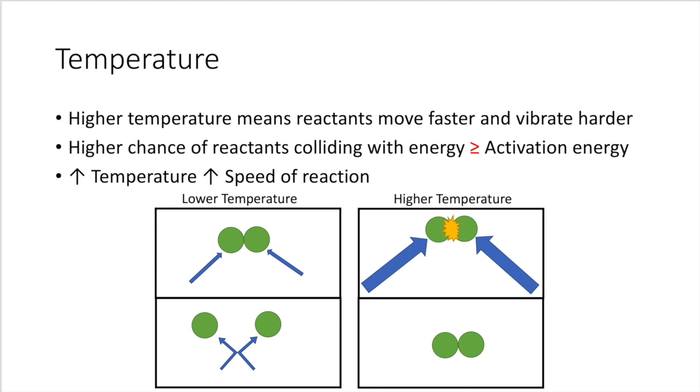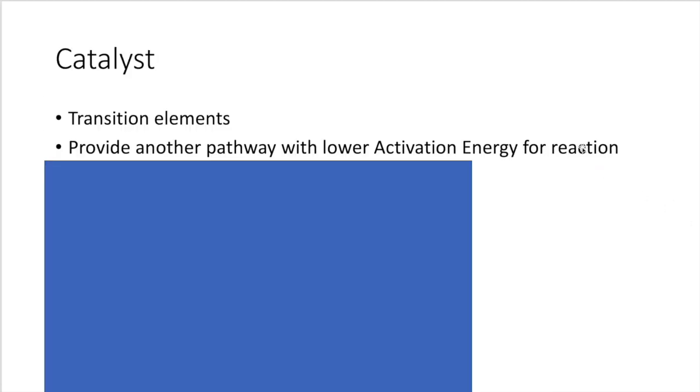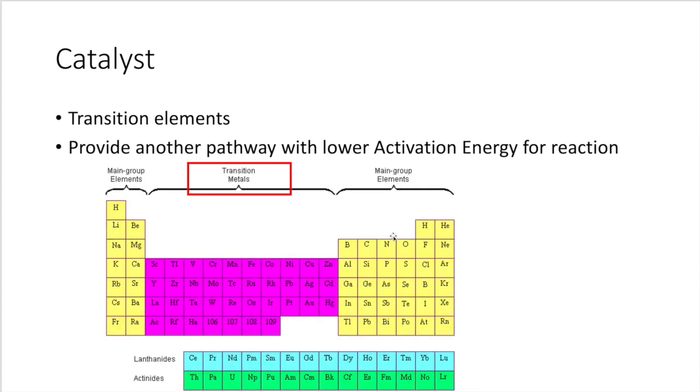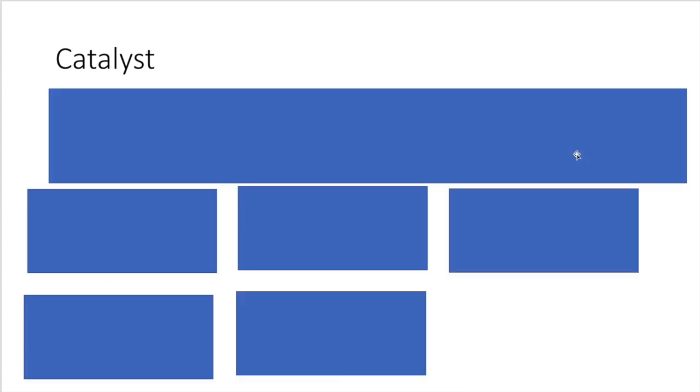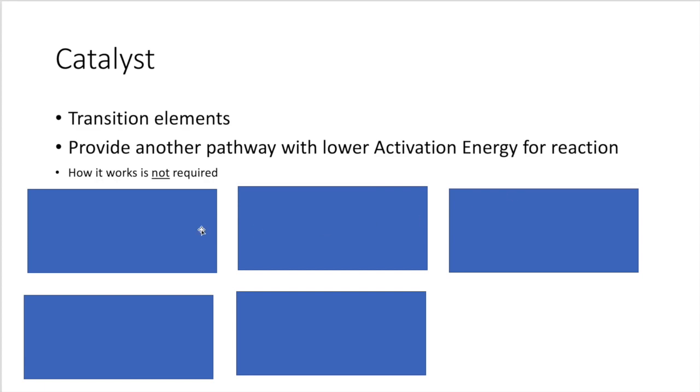One more concept of rate of reaction is the use of catalysts. Catalysts come from the transition elements in the middle portion of the periodic table. They contain a lot of extra empty electron clouds to allow temporary bonds to be formed with them. Then they will form bonds with the other intended reactant.